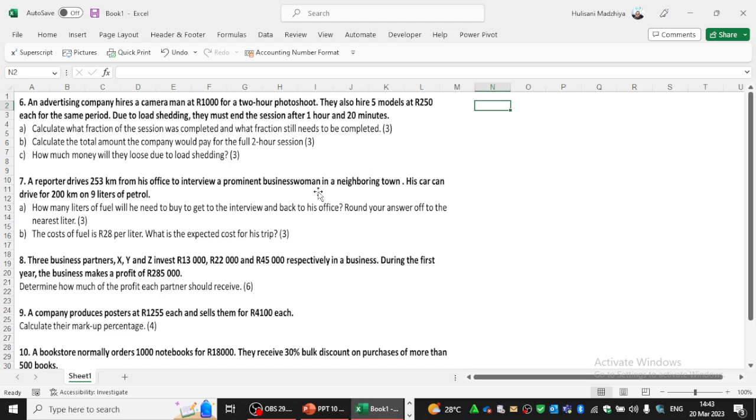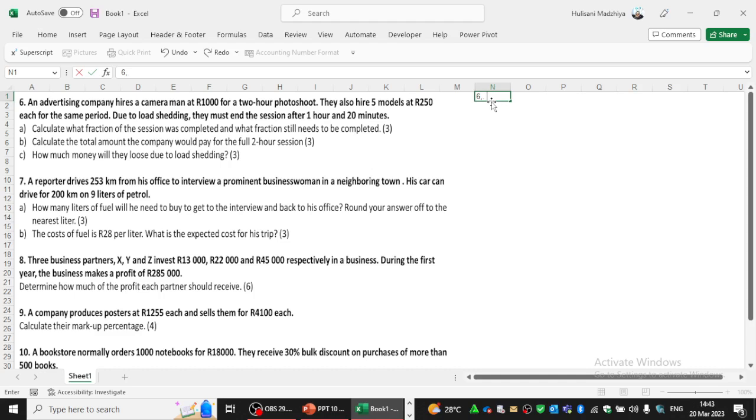So the first question says, calculate what fraction of the session was completed and what fraction still needs to be completed based on the load shedding. I'm going to write this down as number 6.